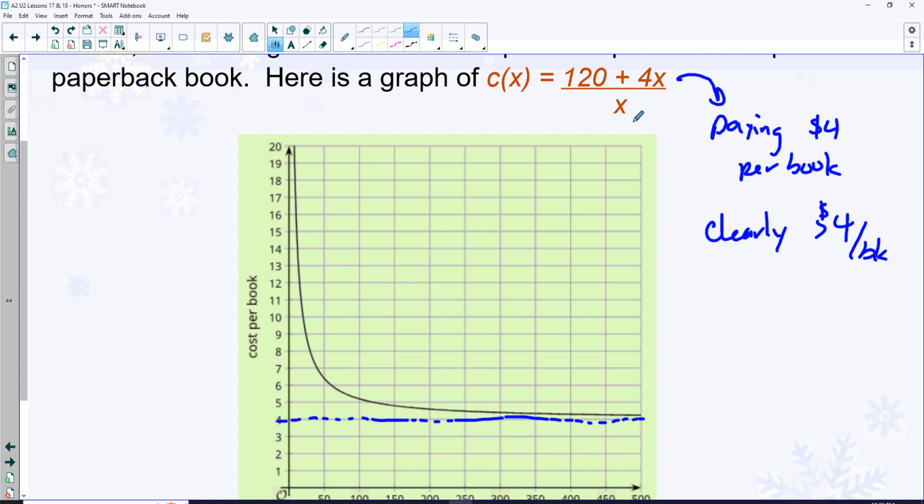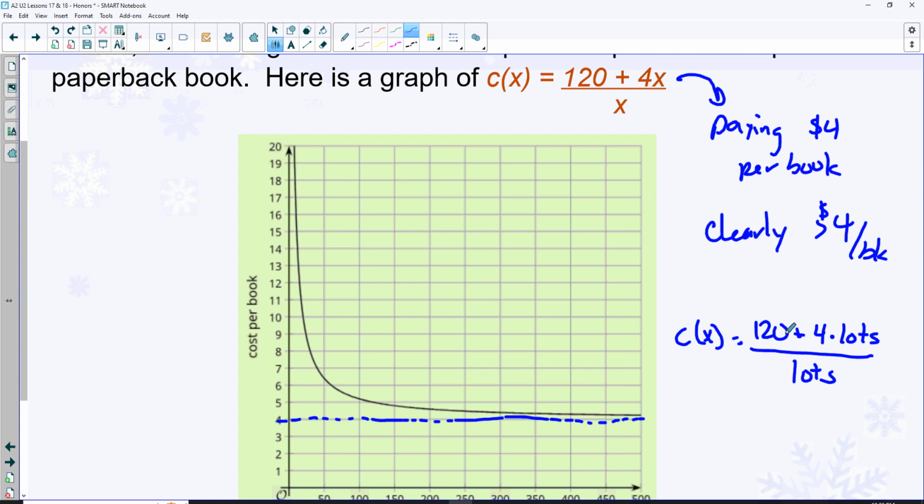The cost is going to be 120 plus 4 times lots, divided by lots. I'm going to use just "lots" to represent a big number for x, to represent lots of books.